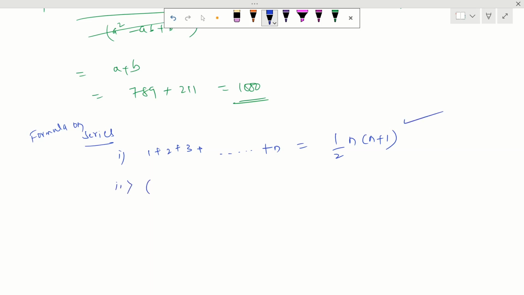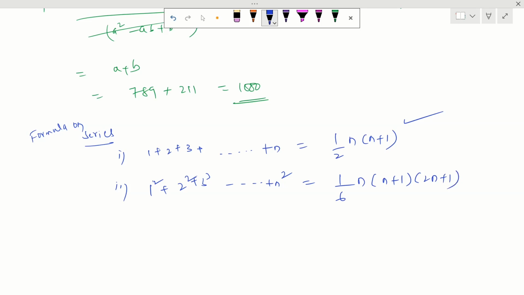If 1 square plus 2 square plus 3 square and so on plus n square is given, what is the formula to find the sum of this series? The formula is 1 by 6 of n into n plus 1 into 2n plus 1.